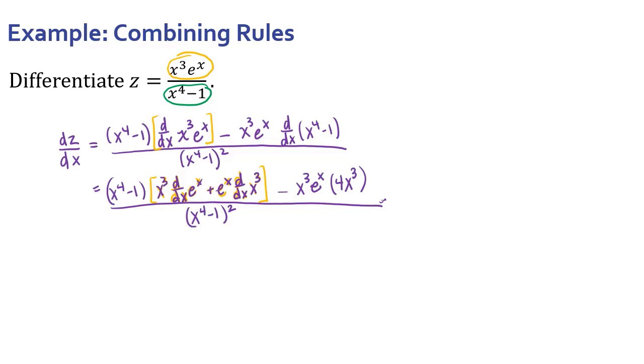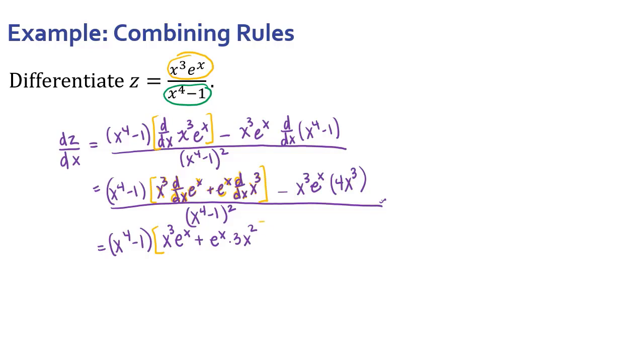Okay, so then that's going to become x to the 4th minus 1, and that entire quantity, so don't forget your parentheses, is getting multiplied by x cubed. The derivative of e to the x is e to the x, plus e to the x times the derivative of x cubed, which is 3x squared.